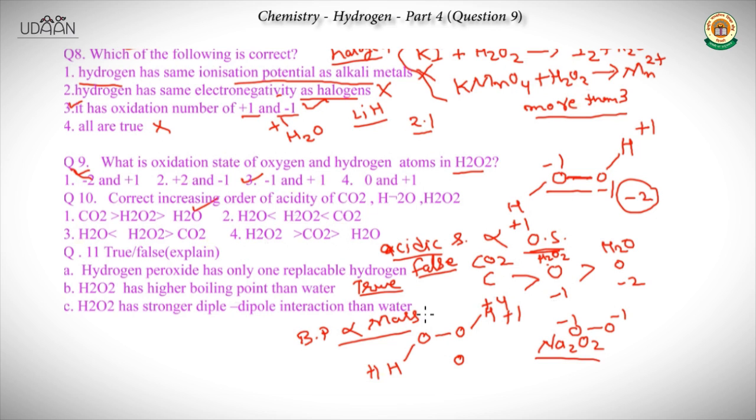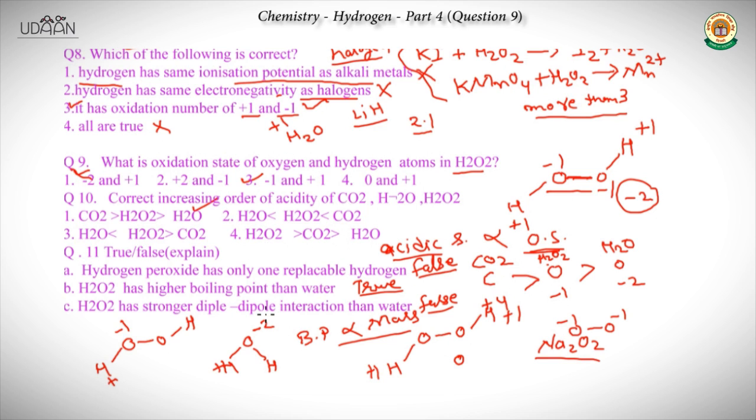H2O2 has stronger dipole interaction than water. No, it is also false. Because for it we can again see the structure, and this is H2O. We can see that here the partial charge on oxygen is -2 and here it is -1, and hydrogen is +1.